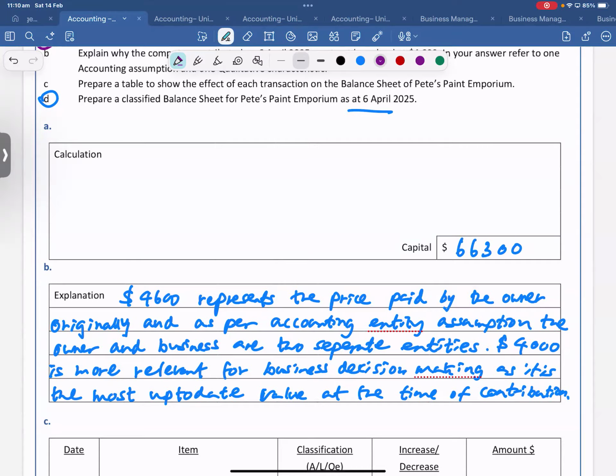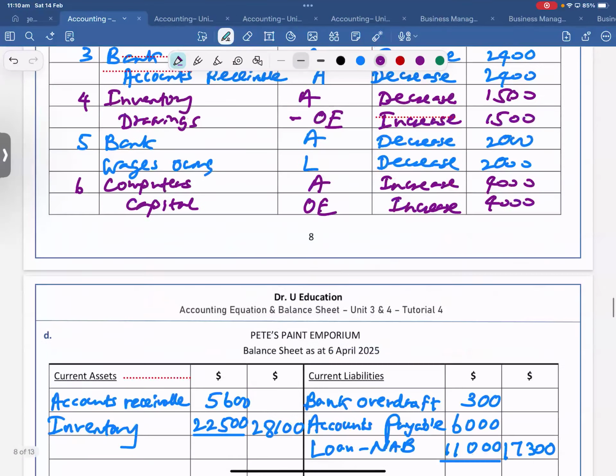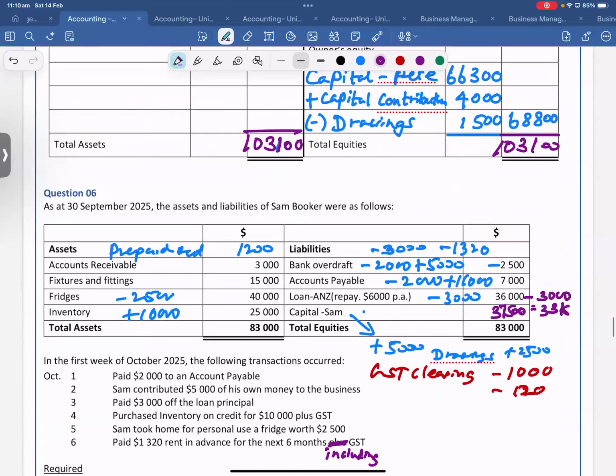So for the first one, it says pay 2,000 to an account payable. Yep. So accounts payable will decrease by 2,000 and then your bank overdraft will decrease by 2,000. Yes, that's a good one.